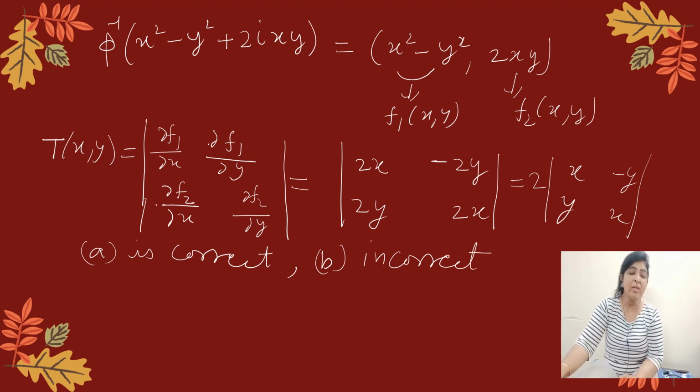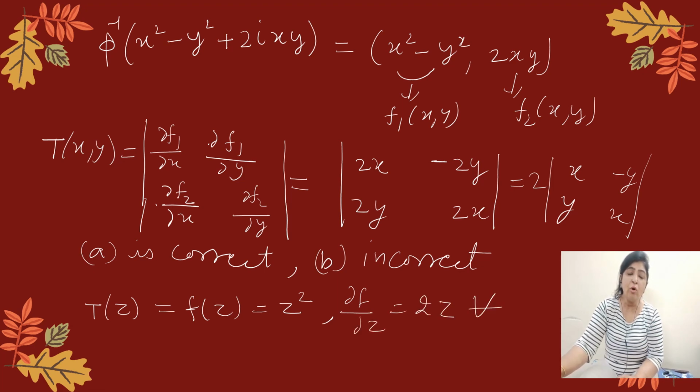Next, T(z) corresponds to f(z) = z square, so del f by del z is 2z for all z belonging to C. This is the third result, so C is correct.